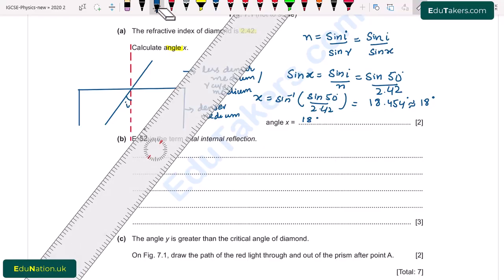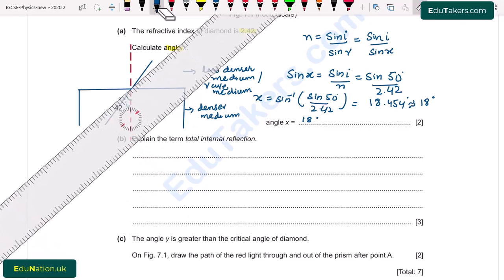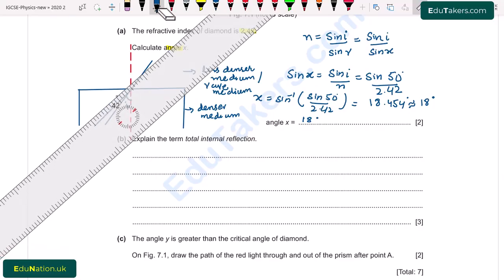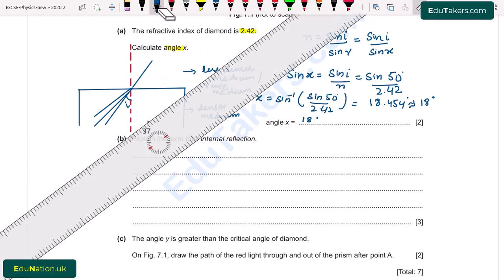Now I am going to increase the angle of incidence, then what will happen? This is another ray. I also draw another ray here. All of these are incident rays. The angle of incidence for which the angle of refraction is equal to 90.